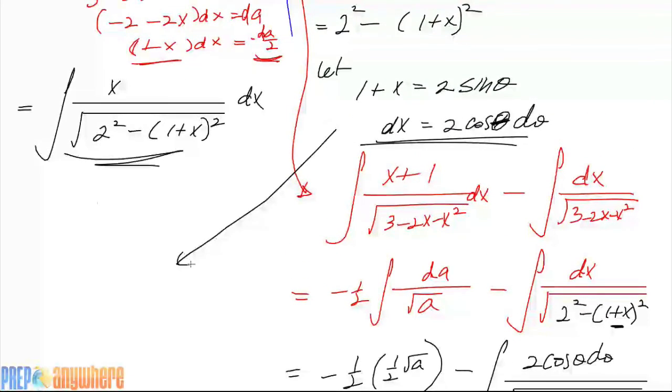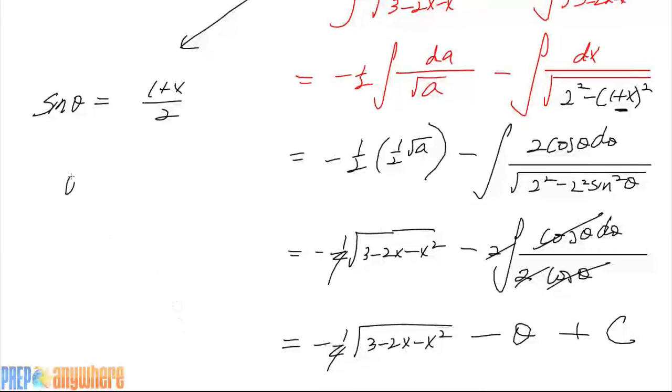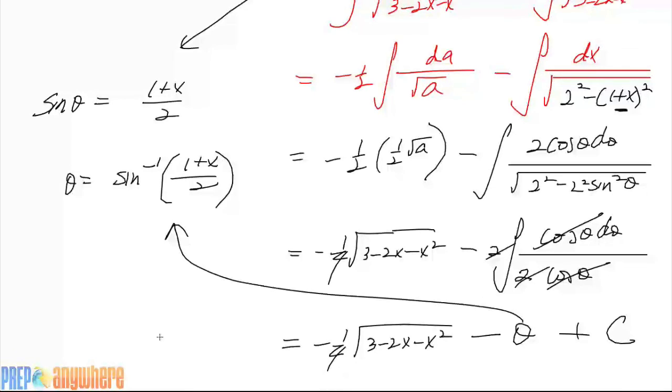Here. Since sine theta is going to be 1 plus x over 2, theta will be sine inverse. And then we're done. So we have to replace that theta with this. That's actually a kind of tricky one.